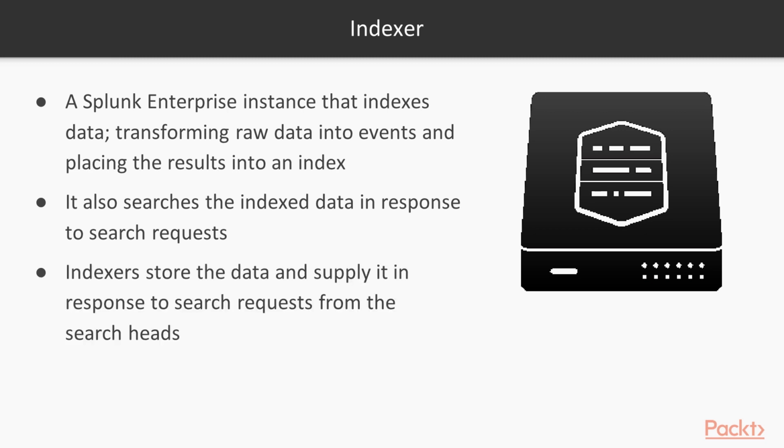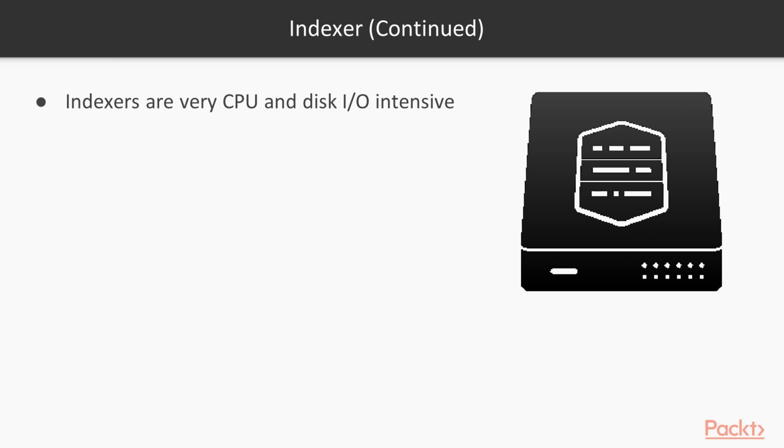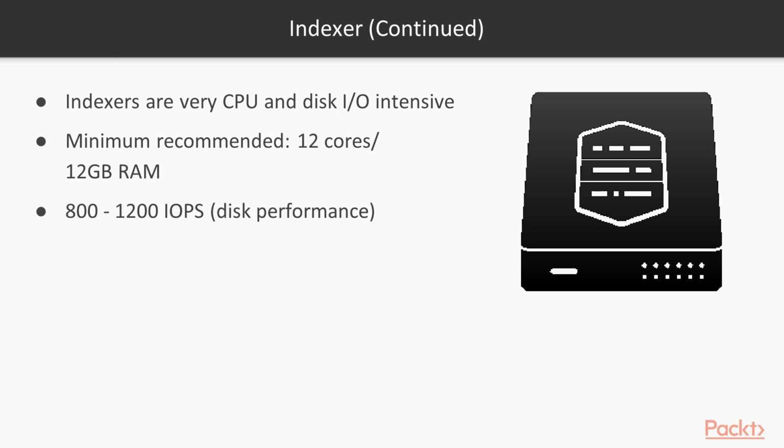Indexers, as a result, have to do a lot of processing, and they have to be able to service a lot of requests. So it's important to have enough CPU and memory and also disk performance in these boxes. Splunk, at minimum, will recommend 12 CPU cores and 12 gigs of RAM at the time of this recording, as well as disk that can sustain 800 to 1200 IOPS of performance.